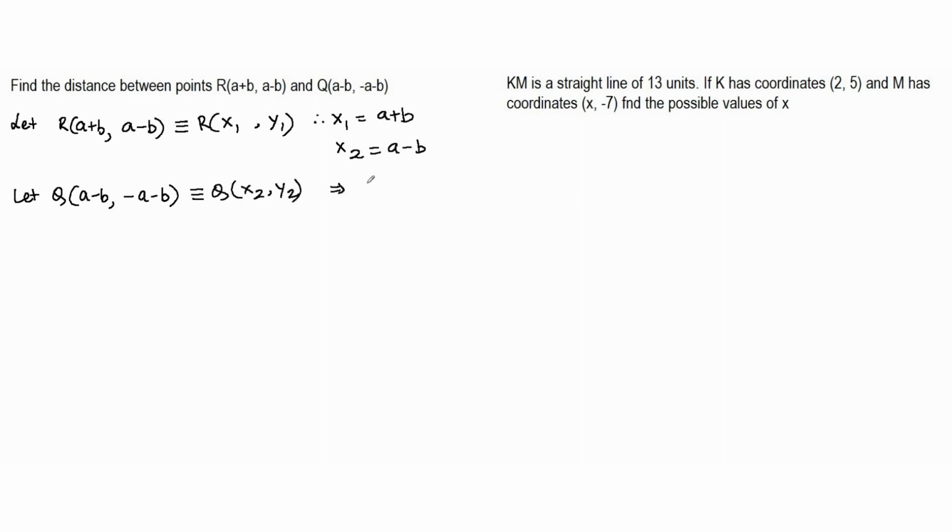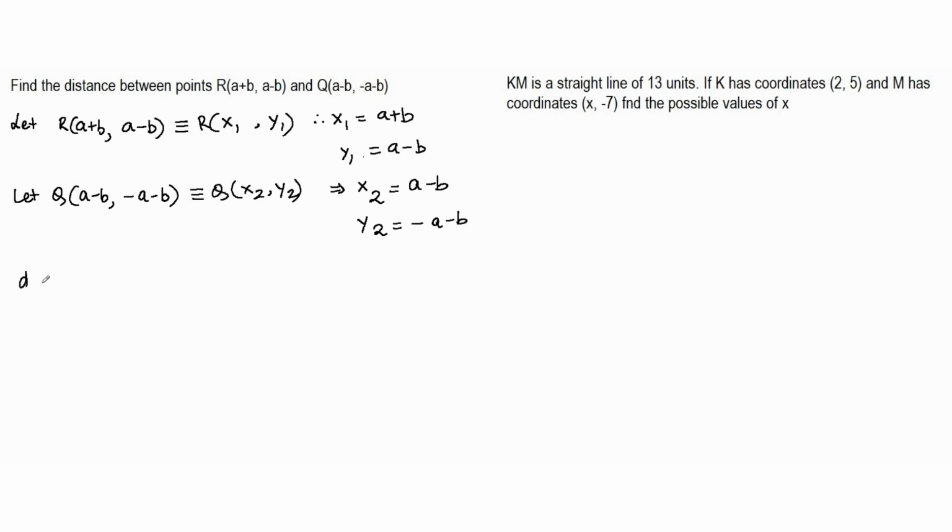Sorry, I made a mistake here. This should have been y1, not x2, right? So x1 and y1 are already defined, and now x2 should be equal to A minus B and y2 should be equal to minus A minus B.